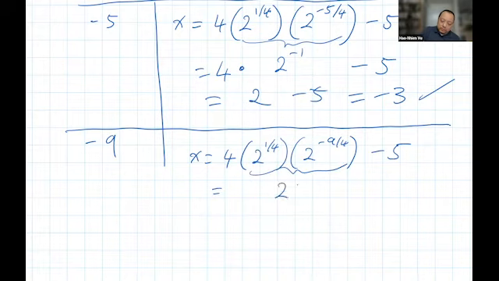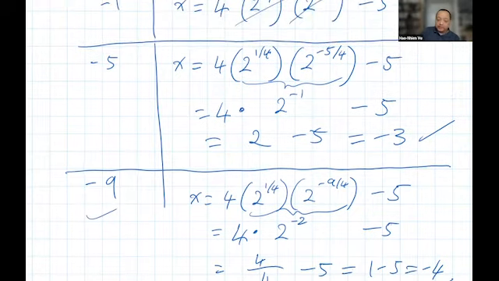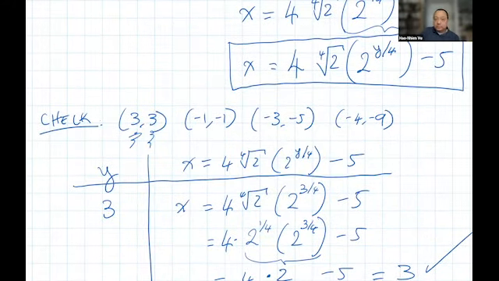This is 2 to the negative 2. 4 times this is 4 divided by 4 minus 5. Negative 4. X equals negative 4, y equals negative 9. That's correct. I hope that as you follow my work, you realize that the number on this column is the y number.